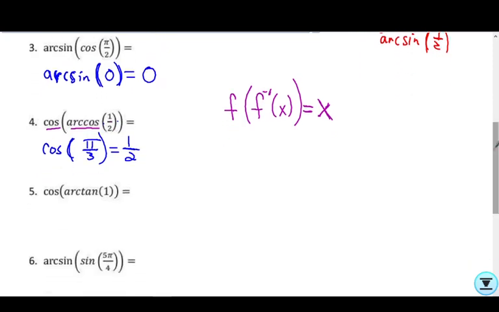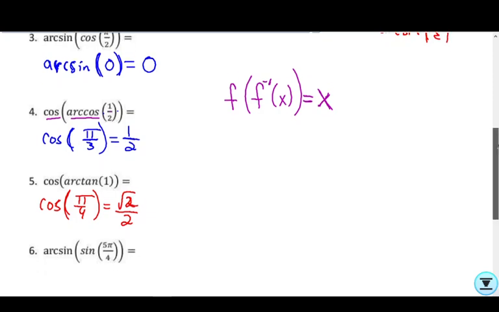Okay? So next, arctan. So this is cosine of arctan of 1. So this is saying, where is tangent 1? Tangent is 1 at pi over 4. And what is cosine at pi over 4? That's the square root of 2 over 2. Okay?